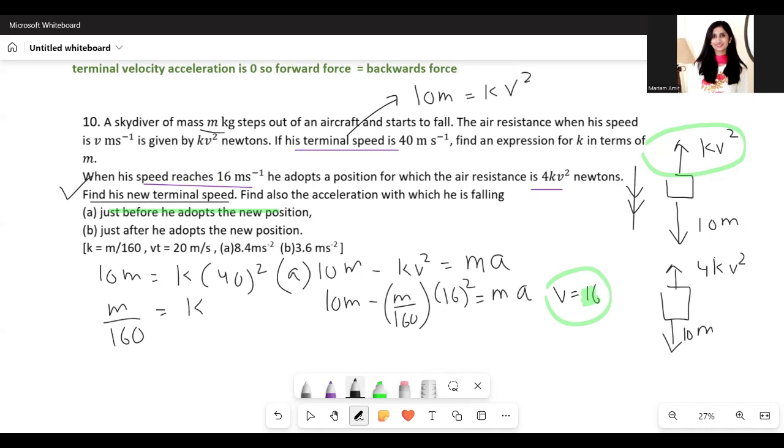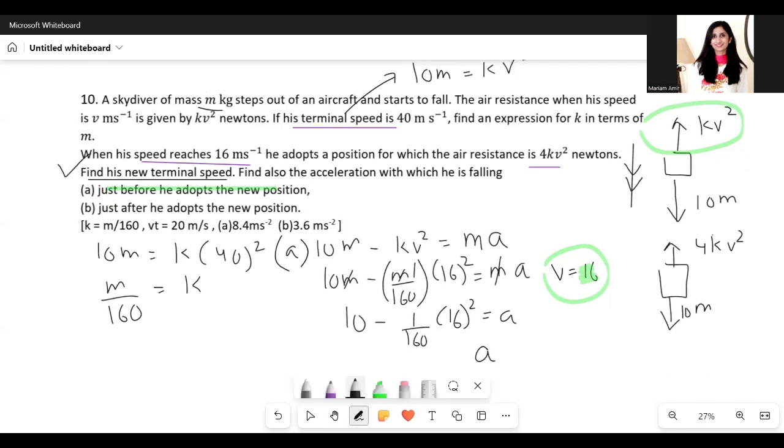We can cancel m on both sides, or you can take m common on the left hand side and cancel it with the m on the right hand side. I'm just going to directly cancel. So I'm getting 10 minus 1 upon 160 times 16 squared equals a, which gives us 8.4. So the acceleration just before he adopts the new position is 8.4 meters per second squared.